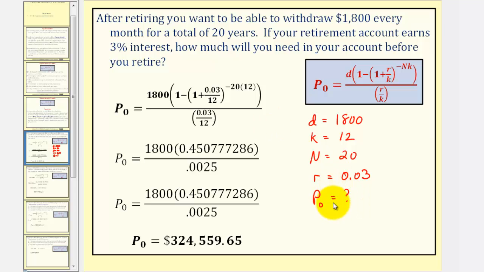So now we'll perform substitution into the formula and find P sub 0. So D is equal to 1,800. K is equal to 12, where K is here, here, and here. N is equal to 20.